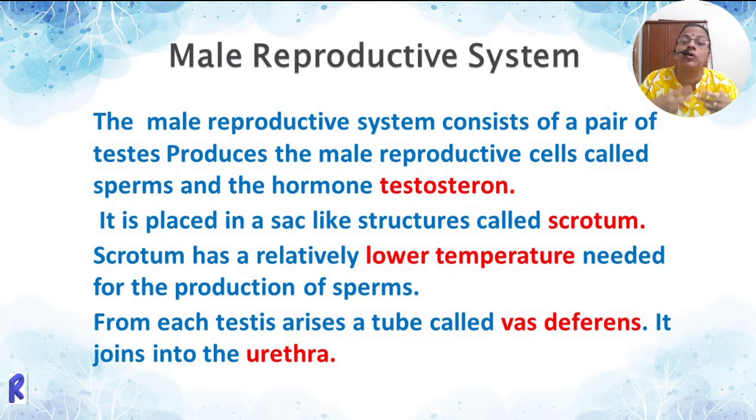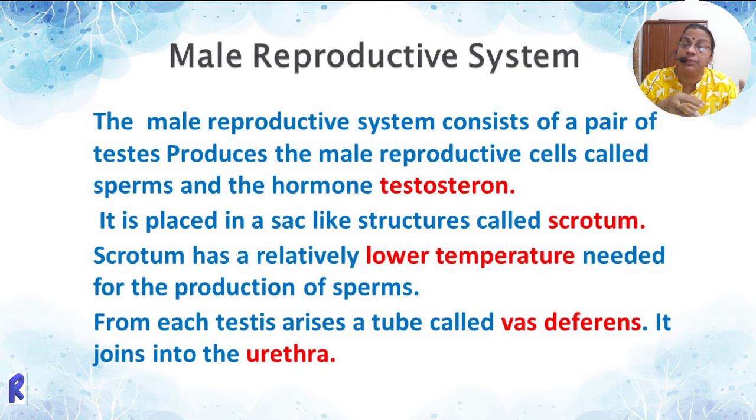It also regulates the production of sperm. If testosterone is there, then more and more sperm will be produced. So the function of the testis is to produce sperm as well as testosterone, the male sex hormone.